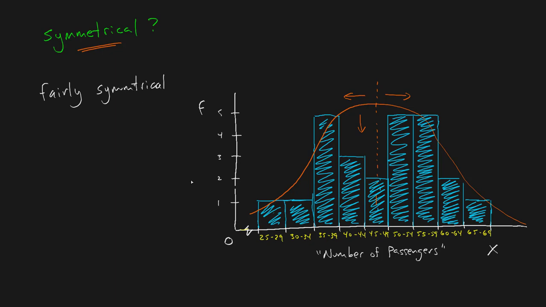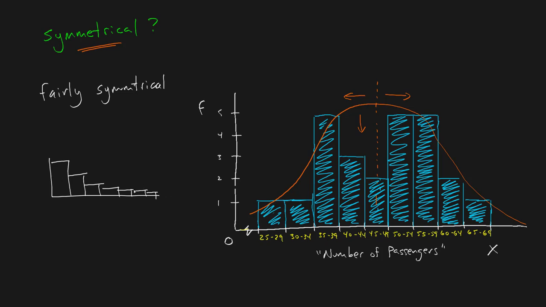Typically what a professor will do when they're designing an exam or an assignment is they'll make sure that if they're asking you to describe a distribution, they're going to exaggerate the shape. So if they want you to say that it is not symmetrical, they'll give you something that ends up looking like this. So you certainly would never make the mistake of saying that this is symmetrical.